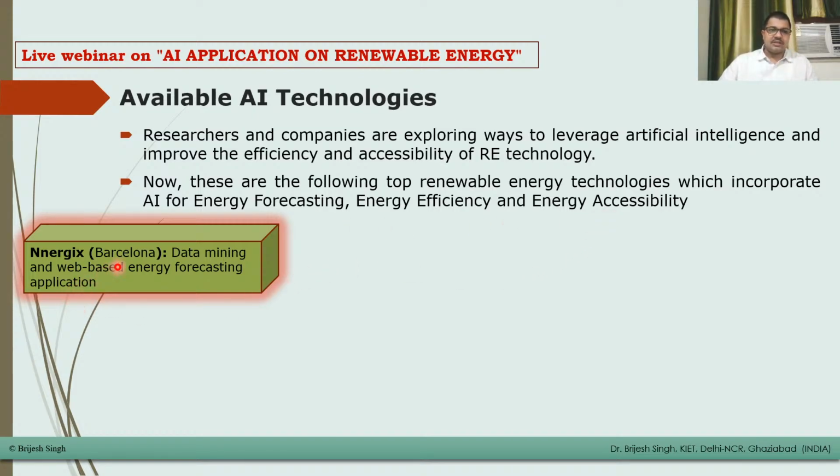Nergix in Barcelona is one company providing data mining and web-based energy forecasting applications. If you want to work on data mining and web-based energy forecasting applications, you can go to this website and try to understand which kind of technology they are using to solve these three major problems.